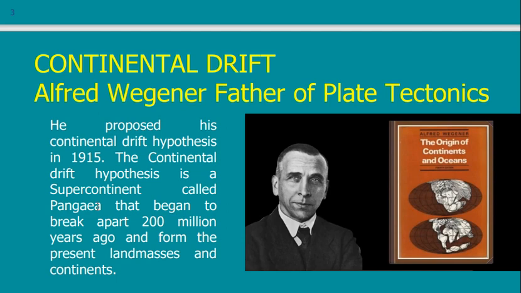There was no Africa, Asia, they are all one continent called Pangaea that began to break apart 200 million years ago and form the present land masses and continents. So it was just one piece. It split into smaller pieces to reach this shape of nowadays.